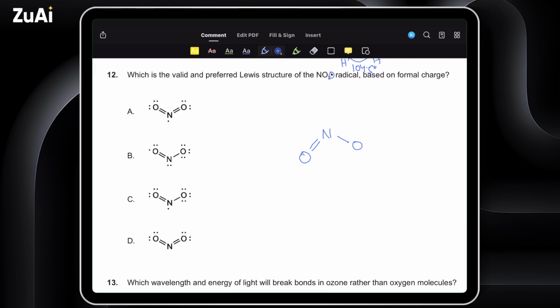It should be on the nitrogen. This oxygen has a lone pair, and that's the radical.